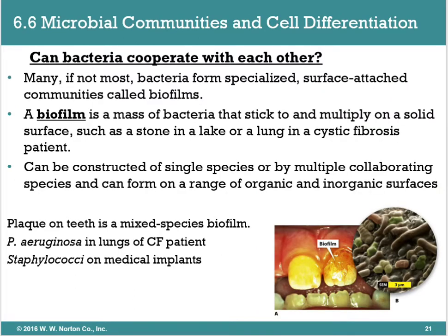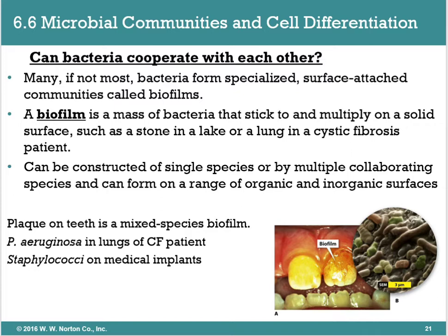Okay, so now we're going to move into microbial communities and differentiation between cells. Do bacteria cooperate with each other? Absolutely. Bacteria talk to each other, guys. Do we actually know how they talk to each other? A little bit. We know some mechanisms, but not all. The biggest way of bacterial cooperation is by making a biofilm.